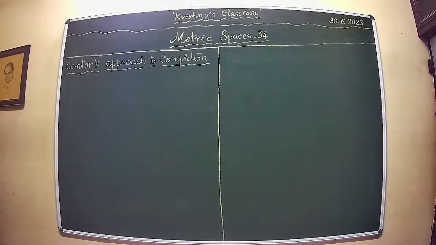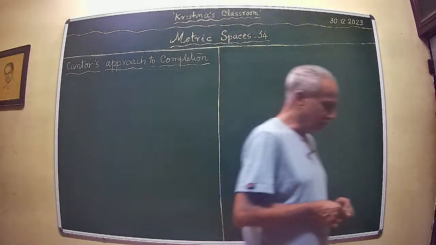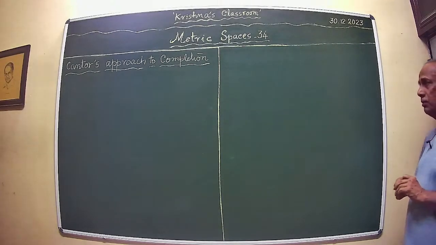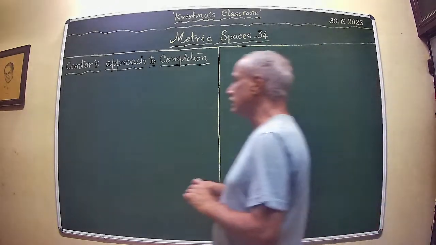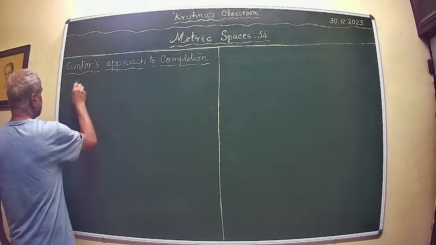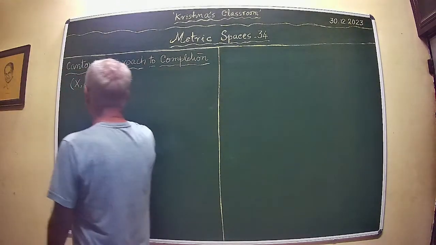Let us continue with the completion process of metric spaces. Now let us choose the following notation. Let (X, d) be a metric space.